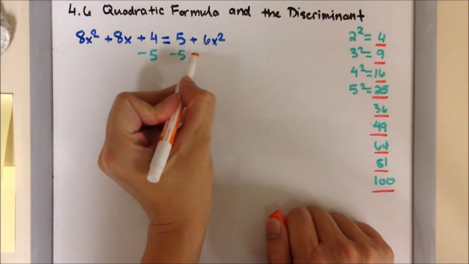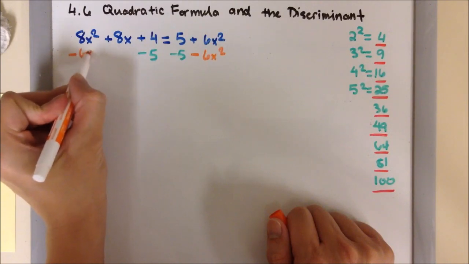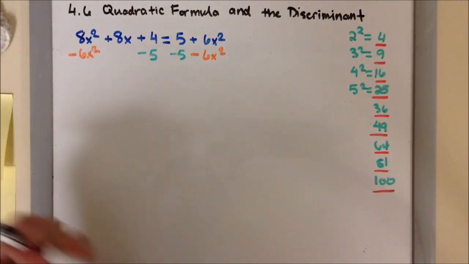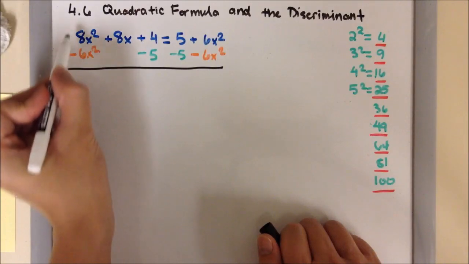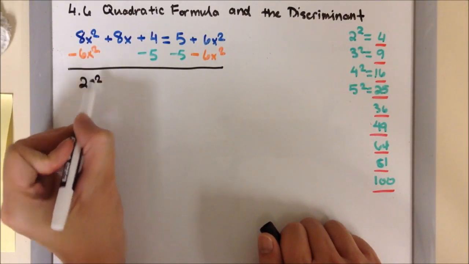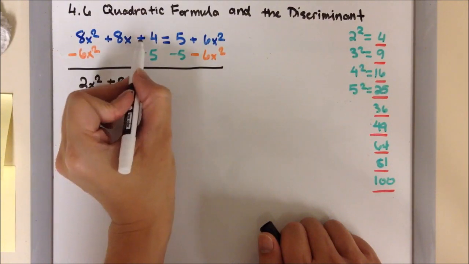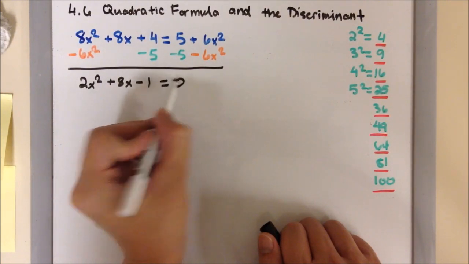So minus 6x squared, minus 6x squared. So 8x squared minus 6x squared is 2x squared. Carry down my 8x. Positive 4 minus 5 will be minus 1 or negative 1 equal to 0.